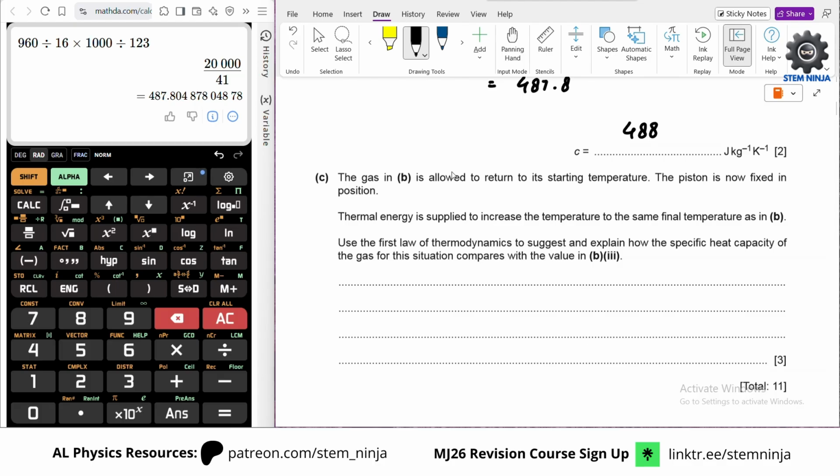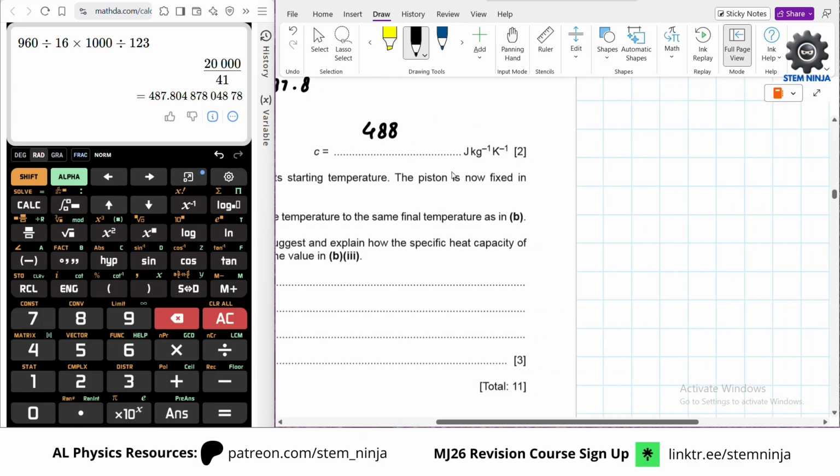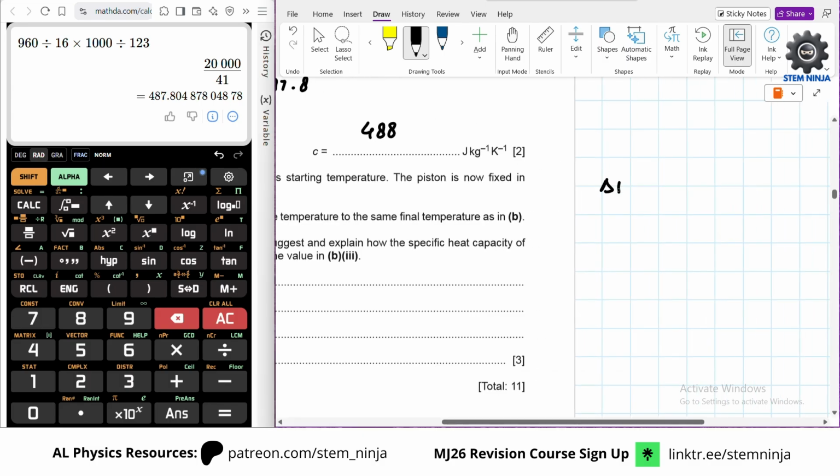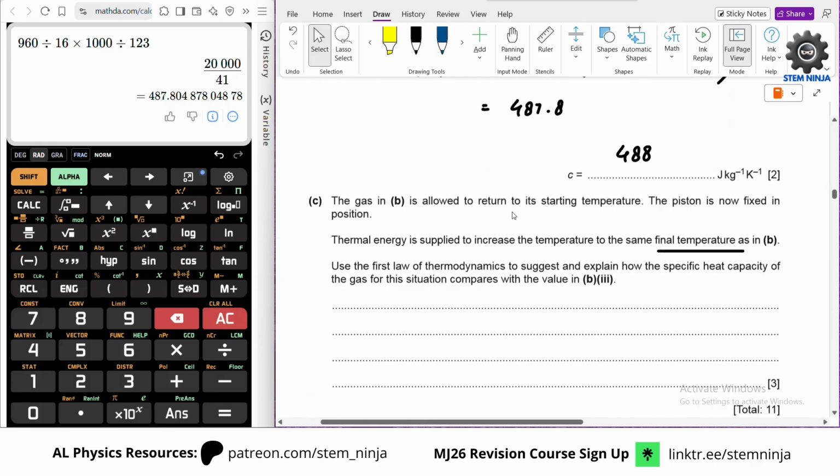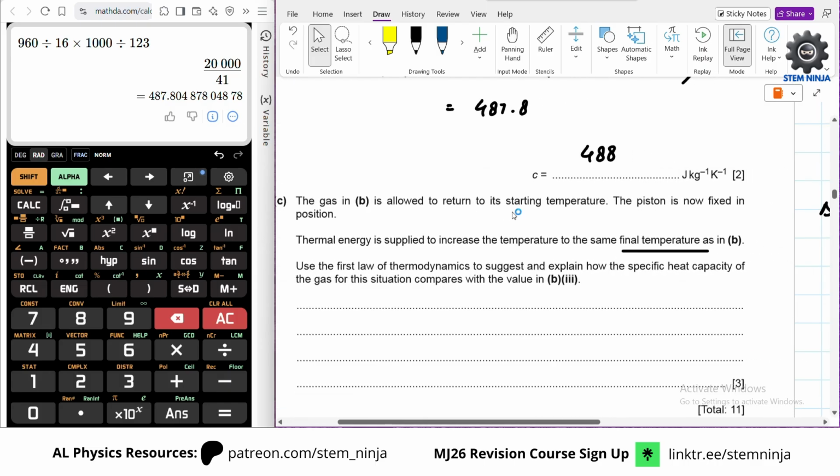So let's look at this mathematically. We have the first law of thermodynamics is basically this. Wait a second, same final temperature as in B. Okay, so first off, they fixed the position, so the volume is not changing.